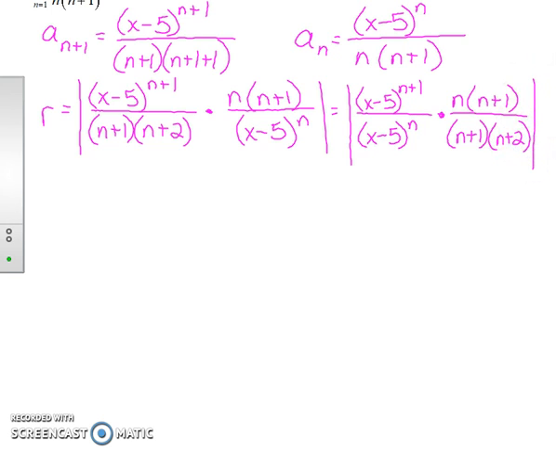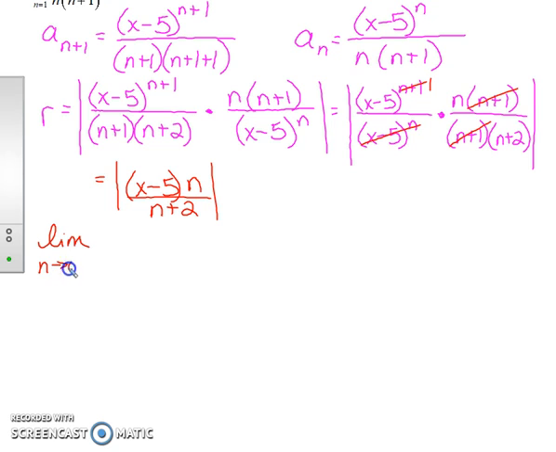And in doing that, hopefully you recognize that these two things immediately cancel out, and this actually becomes just an (x minus 5) to the first. So our common ratio then is the absolute value of x minus 5 times n over n plus 2. So then we want to do the limit as n goes to infinity of that expression.